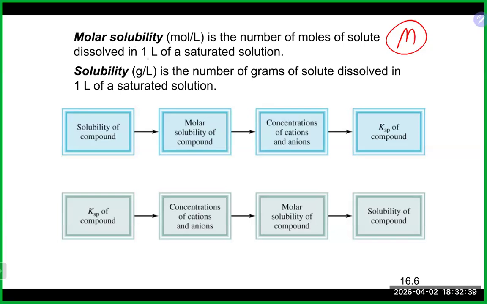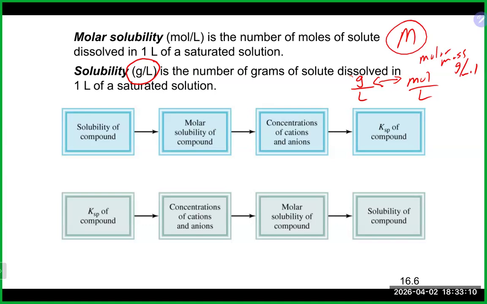And there is regular old run-of-the-mill solubility, which is given in grams per liter. If you think about the conversion between those, solubility in grams per liter, or molar solubility, which is moles per liter, the thing that ties these together to do the conversion is the molar mass, grams per mole. So that is the thing that ties those two things together if you need to go one way or the other.